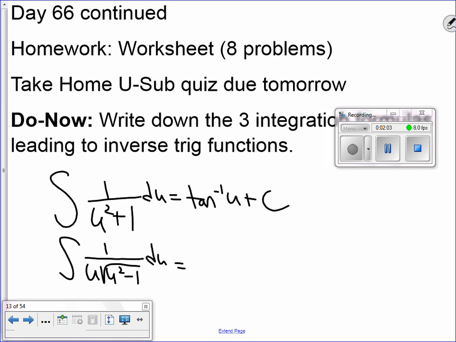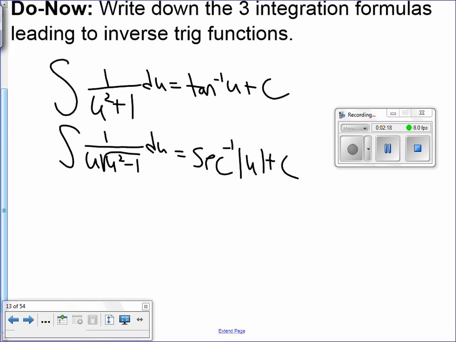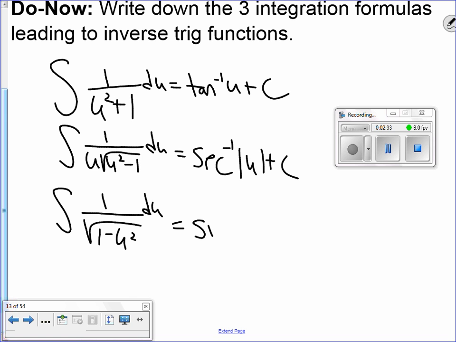U. Right, that's the inverse secant rule. So maybe I should scale this up a little. Yeah, that one's the annoying one. All right, Jess. She's back. Inverse sine.